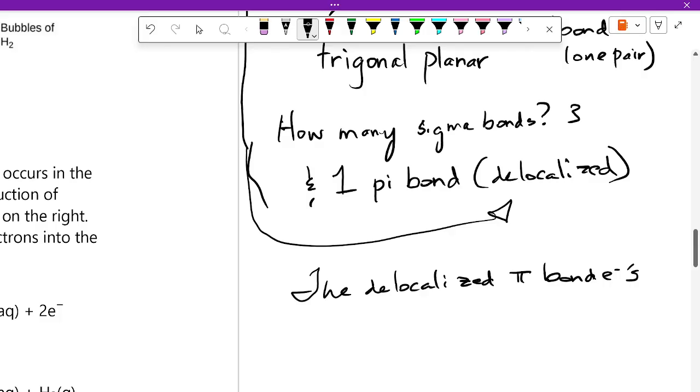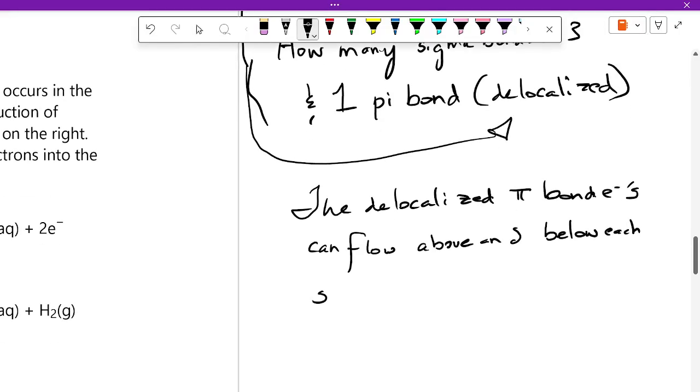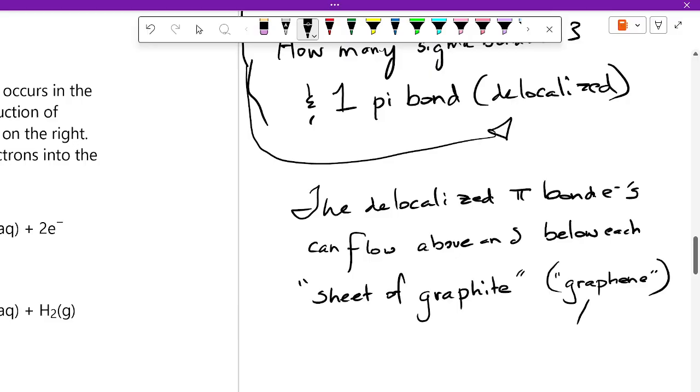They're above and below the sheet. And we actually call a sheet of graphite graphene. So a single sheet is called graphene.